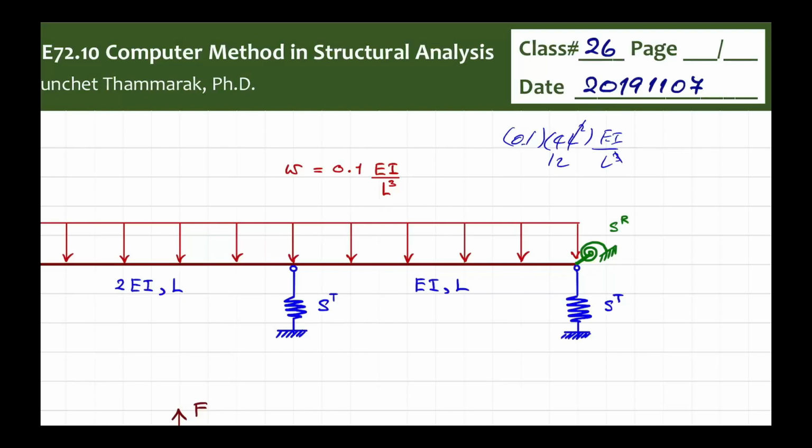L square cancel out, 4 to 3, so that's 0.0333 EI over L, and that is expected if it is rigid.